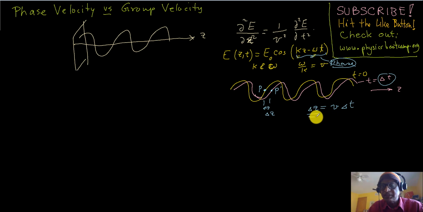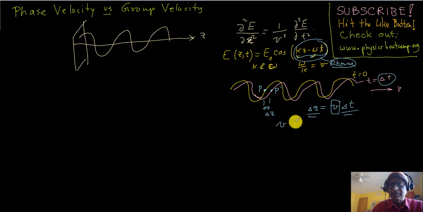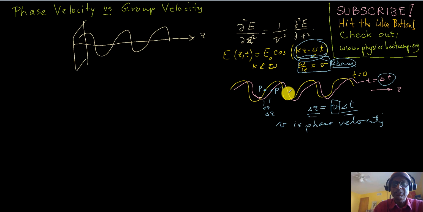So this tells you that the interpretation of v is the speed associated with the phase of this wave, and so we call v the phase velocity. From the way I constructed it, it's just omega over k. Sometimes people write v sub p to denote this, but we're not going to do that. We're just going to use v, and when I have to emphasize, I will write v sub p.